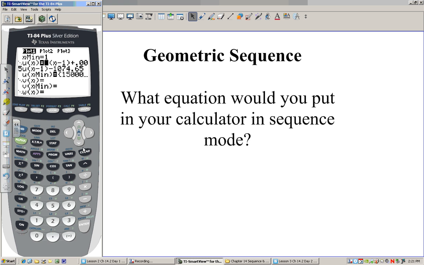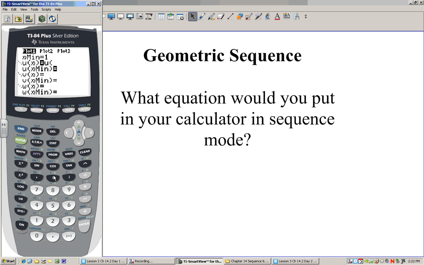This isn't the correct thing, so let's clear things out. In our equation, we want our n min to be 1. And now to type in the rest, I can do u sub, which I do with second 7 gives you a u.